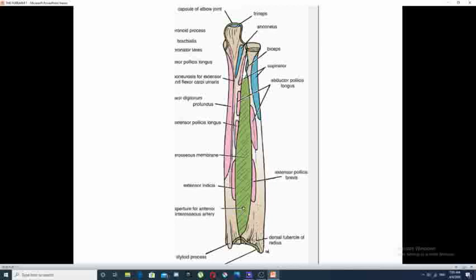On the lower part of the posterior surface of the radius, there is a small bony tubercle called the dorsal tubercle of the radius, and this tubercle is also subcutaneous and can be palpated beneath the skin.